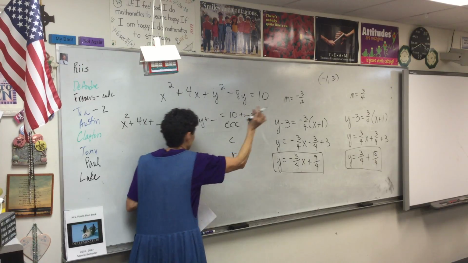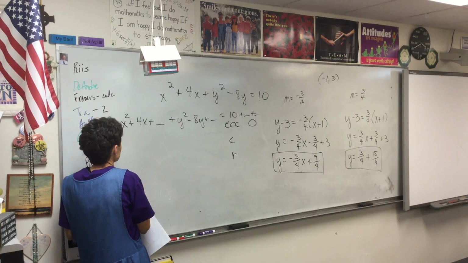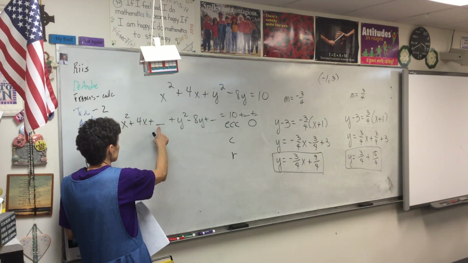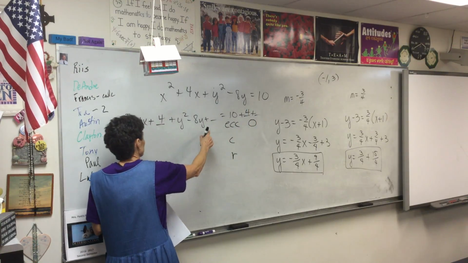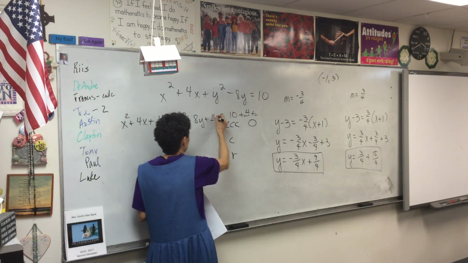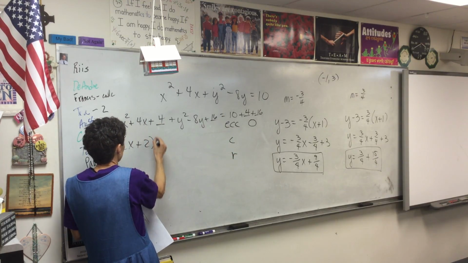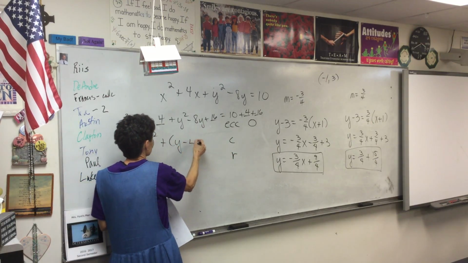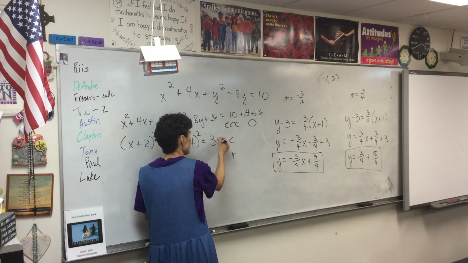We're just completing the square. They're already grouped together. This is a really easy problem. So what goes in this blank? 4, and that goes over here also. What goes in this blank? And that goes over here also. So we have (x + 2) squared plus (y - 4) squared equals 30.